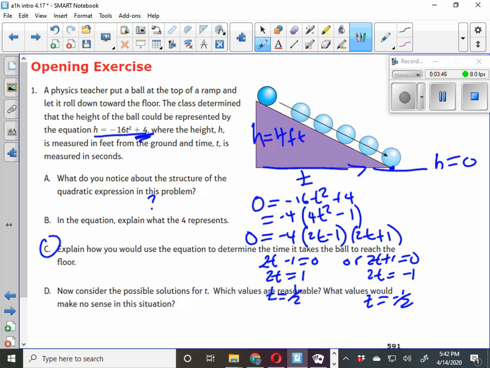So then you got to ask yourself, is it reasonable for us to go back in time? No. So we know that it's going to take half a second to roll down that ramp and reach 0. All right. Hopefully that makes a little bit of sense. Hopefully we can work with equations and solve problems.